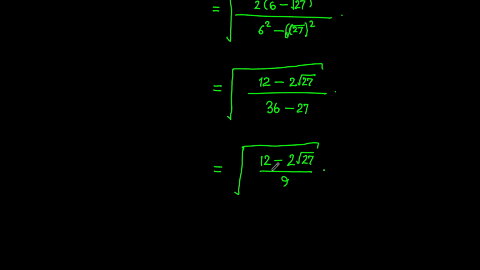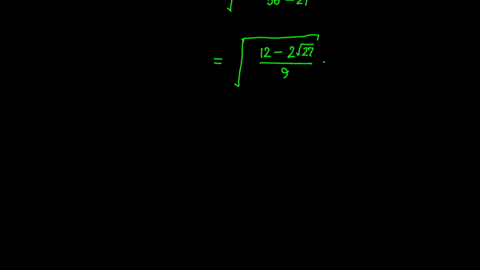So let's make some tweak to the numerator here to write this 12 into numbers. We can see that we have 9 from the denominator, so we can write the numerator 12 as 9 plus 3.